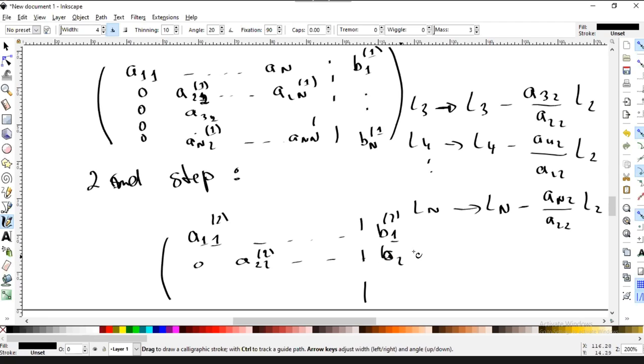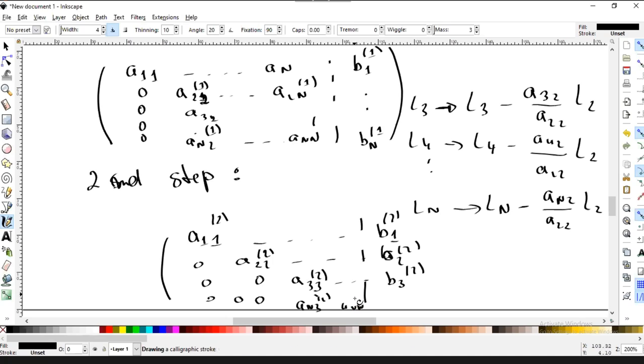But these are unchanged because I didn't touch them. Now, what changed is that I got zeros everywhere on the second column, and I get A33 of 2, etc., B3 of 2, etc. And here I get AN3 of 2, ANN of 2, BN.